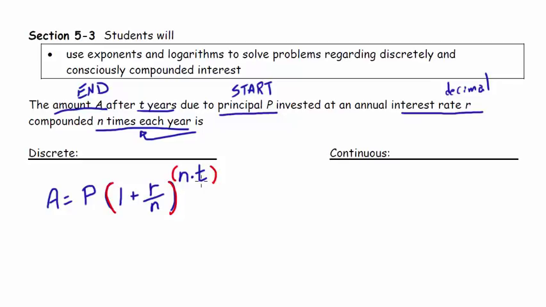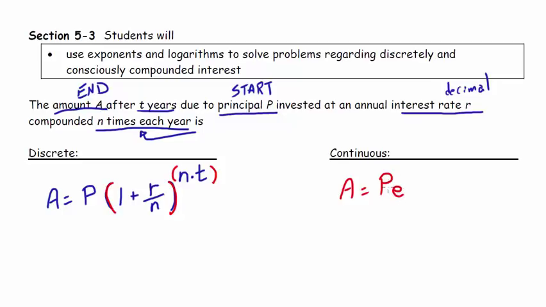Now, the continuous case is not as obvious, so I'm going to give you this formula. We still have A at the end. We still start with P. Now, if I am paid every single time I earn a bit, we have this e here, which is not a variable.